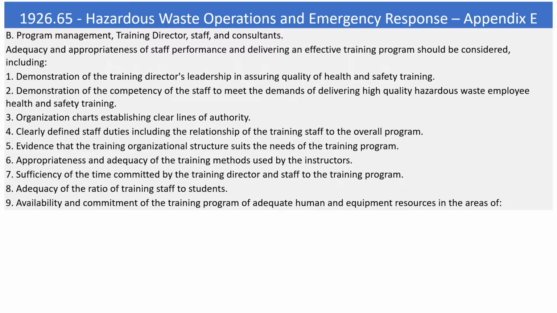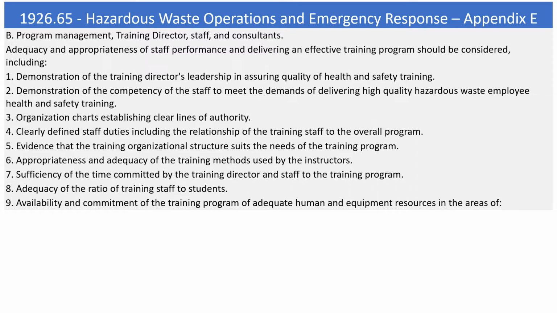6. Appropriateness and adequacy of the training methods used by the instructors. 7. Sufficiency of the time committed by the training director and staff to the training program. 8. Adequacy of the ratio of training staff to students. 9.